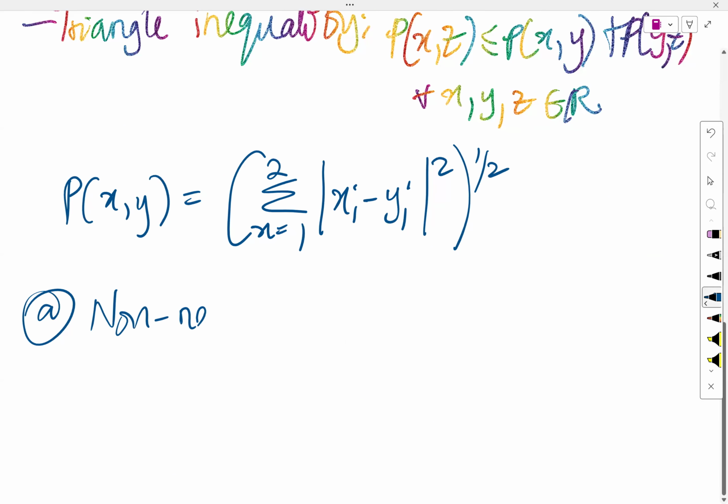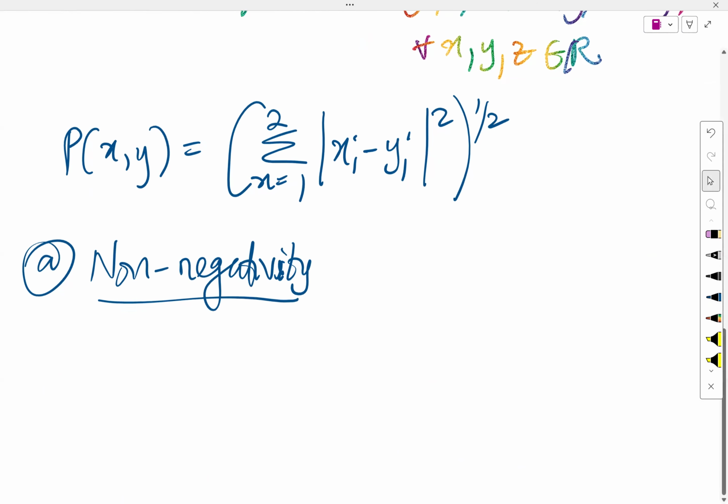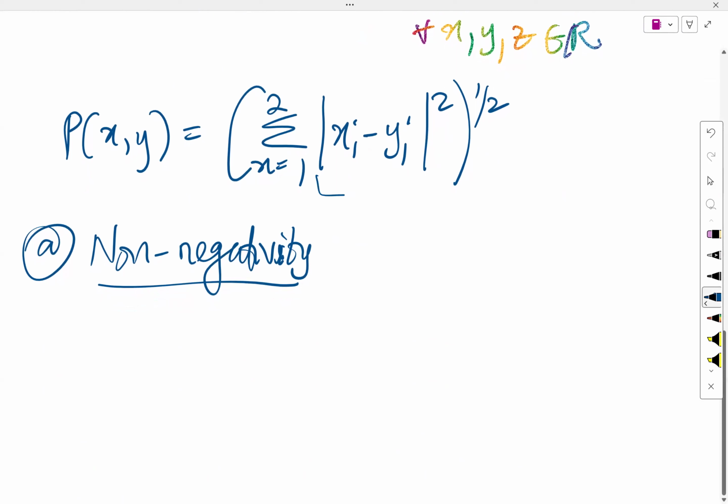For non-negativity, by intuition, you can already see that if you look at this part now, it is guaranteed that the absolute value of xi minus yi, in fact, taking absolute value alone is already positive. This is already greater than or equal to 0.